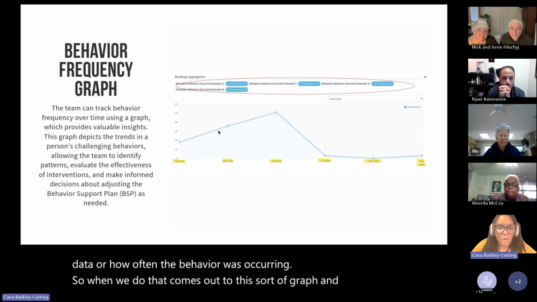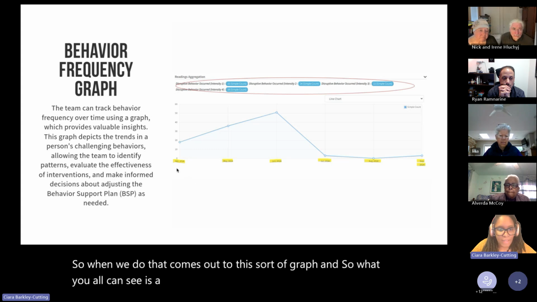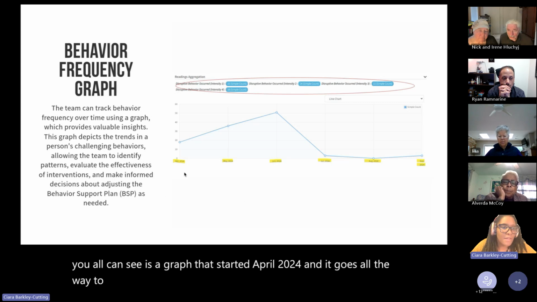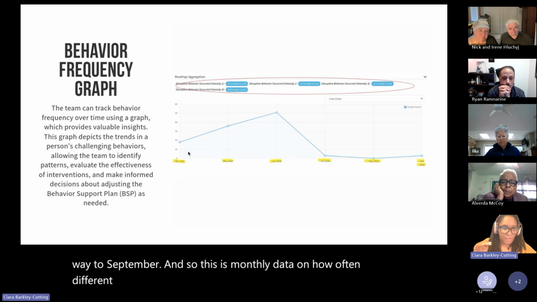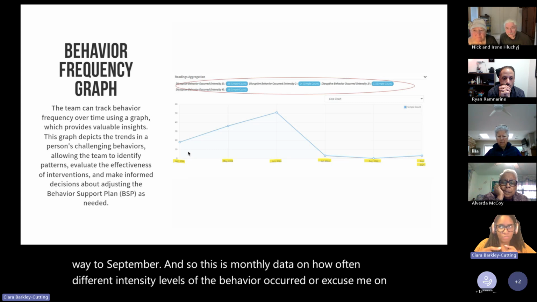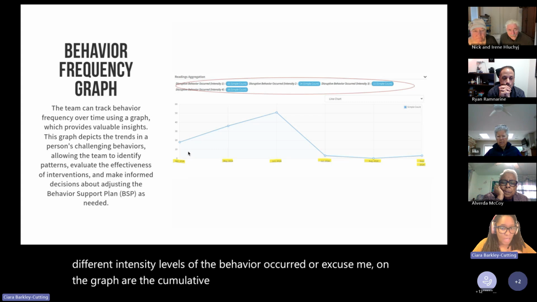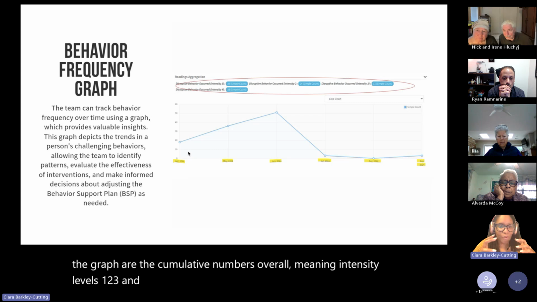What you all can see is a graph that started April 2024 and goes all the way to September. This is monthly data on how often different intensity levels of the behavior occurred. On the graph are the cumulative numbers overall, meaning intensity levels 1, 2, 3, and 4 combined for April, May, June, and so on.